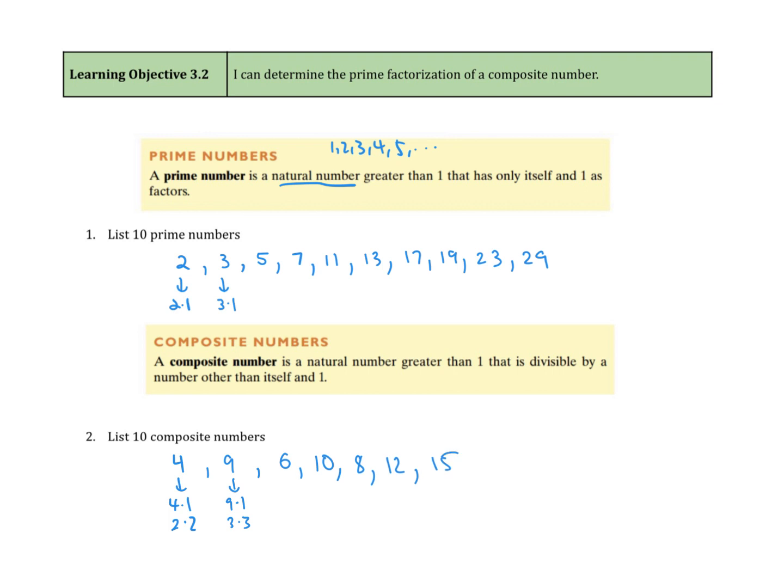All of these numbers have other factors besides itself and 1. It would be smart to pause and try and think of a few more yourself. And I added 14, 21, and 24, but your answers might be different from mine. That's okay. There are an infinite number of composite numbers as well, so your answers may vary.